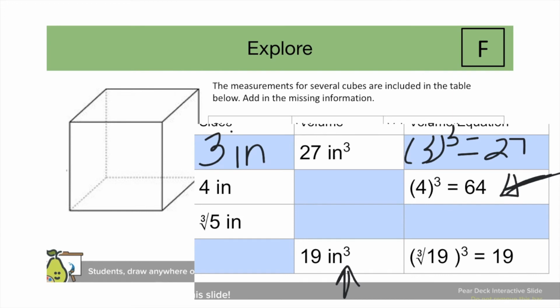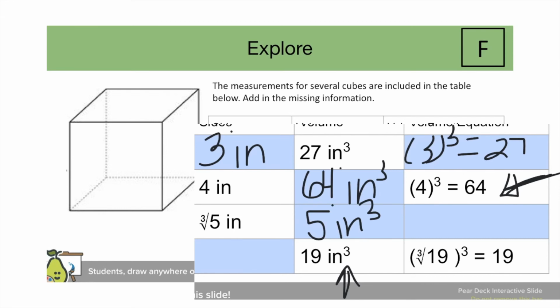For the second row, the sides are 4 inches. The volume is 64 inches cubed. So the volume equation is 4 cubed is equal to 64. For the third row, the cube root of 5 is the length of each side. So the volume is 5 inches cubed.